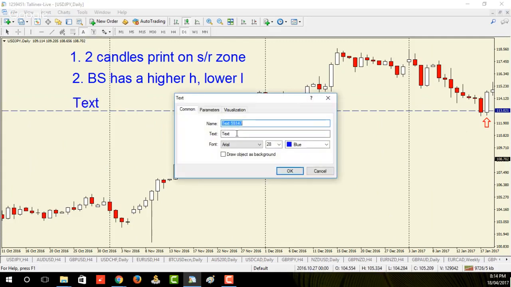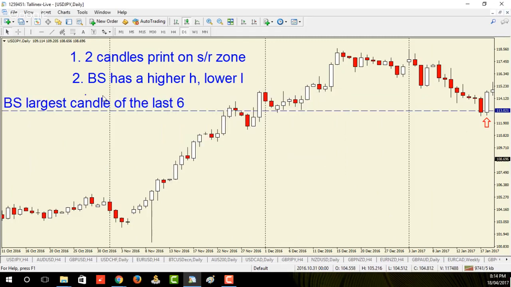Okay. Number 3. The big shadow is the largest candle of the last 6. It could be the last 10. It could be the last 7. It could be the last 20, whatever. It needs to be a big candle relative to the other ones.